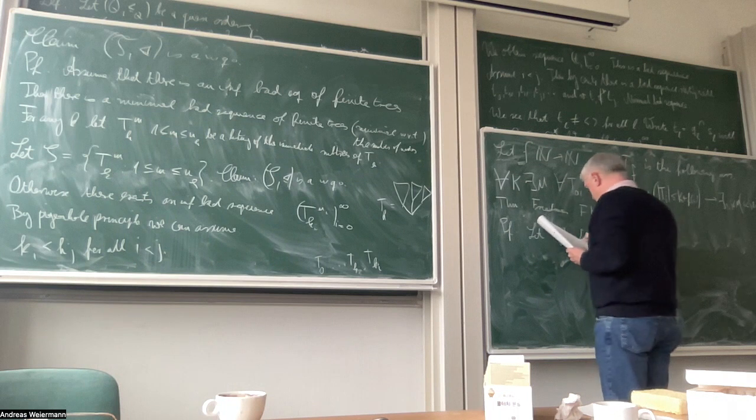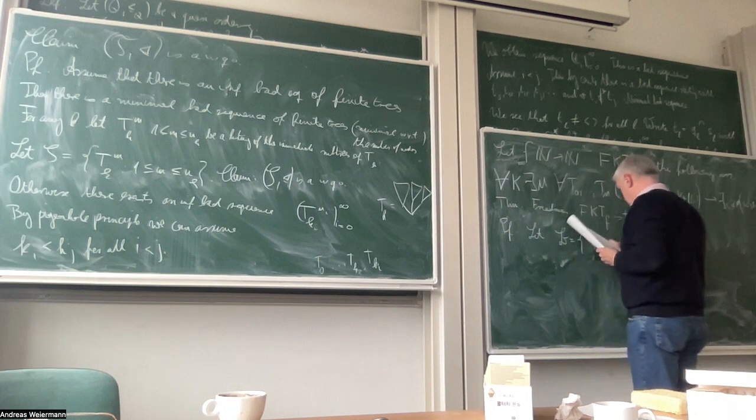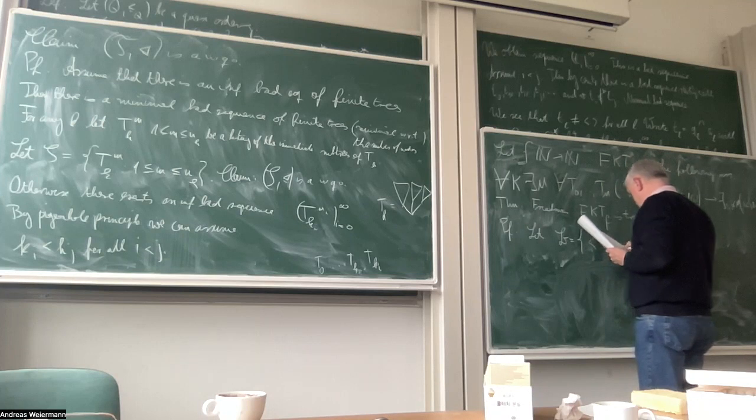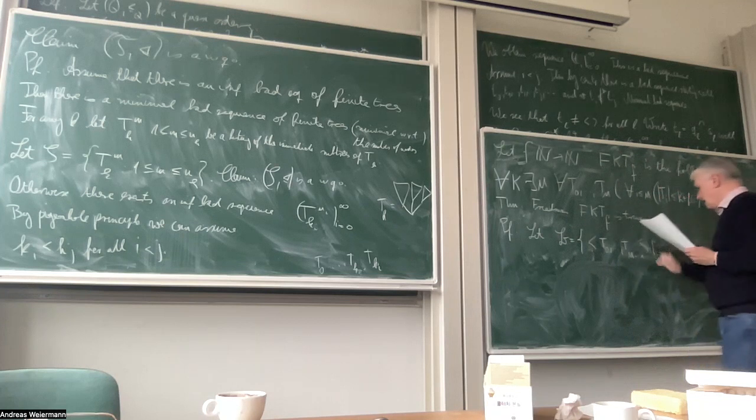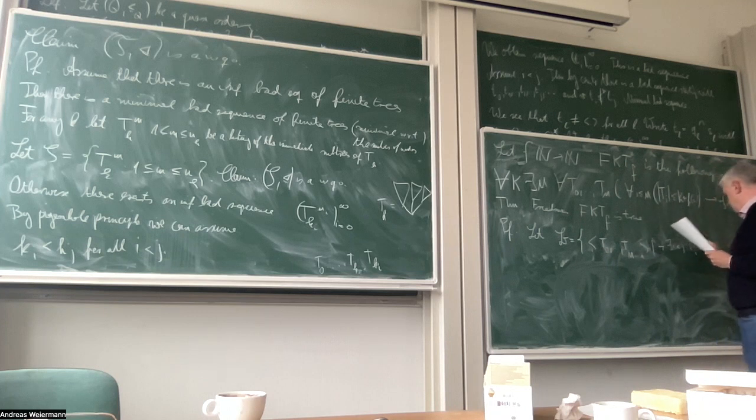It consists of the following: the nodes are given by sequences of finite trees, and these are finite bad sequences.